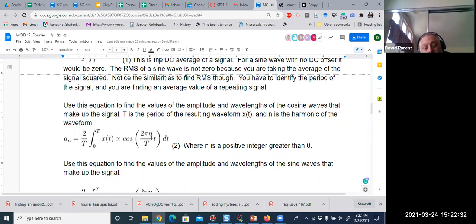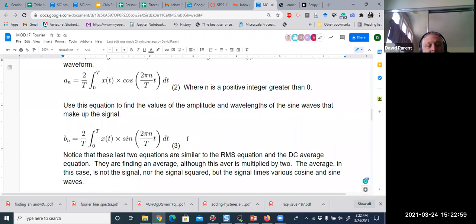And n can equal 1, 2, 3 to infinity. And so the higher the order of n, the higher the frequency. All right. And as you'll see, sometimes you can show that a_n equals 0 for everything, or that it's odd, or there's certain relationships. All right. But n is greater than 0.